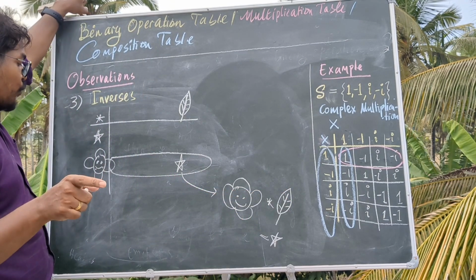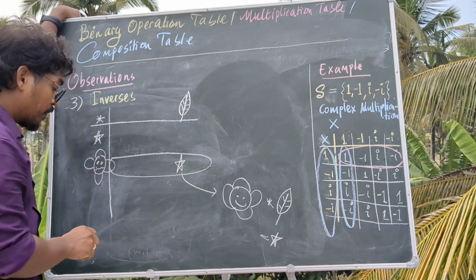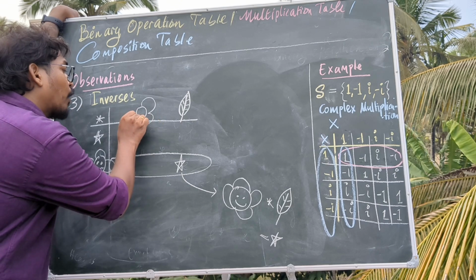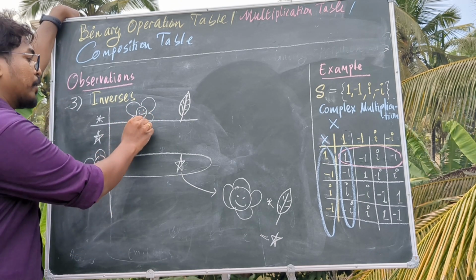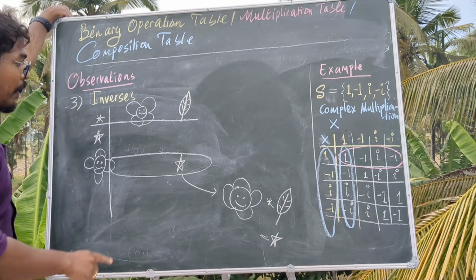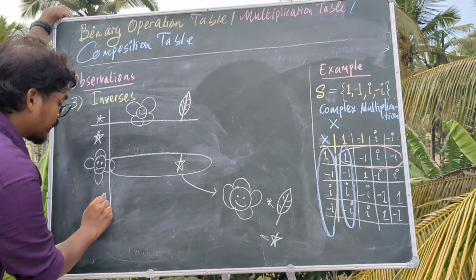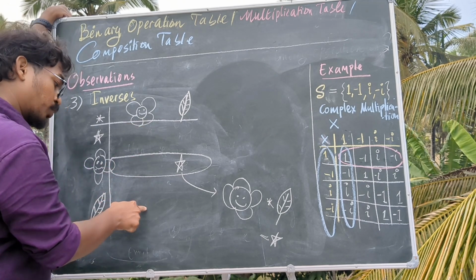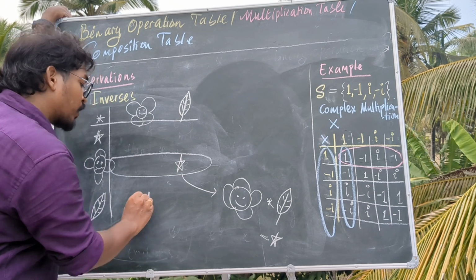Now what we have to do? We have to also check the other way. Here somewhere we have our happy little flower, and somewhere we have this cute little green leaf, and in this row, this column, I'll check if this is star or not.